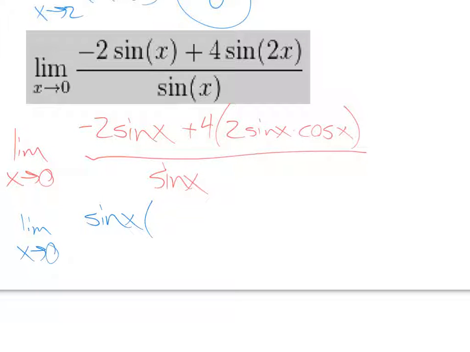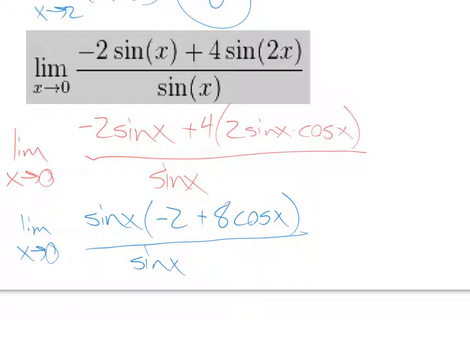If you factor out a sine of x on the top, you have negative 2. We'll put the 4 and 2 together now to get 8 cosine x. So negative 2 plus 8 cosine x times the sine of x over sine of x. Now, you can cancel the sines.